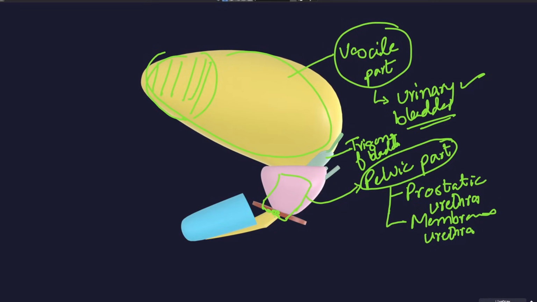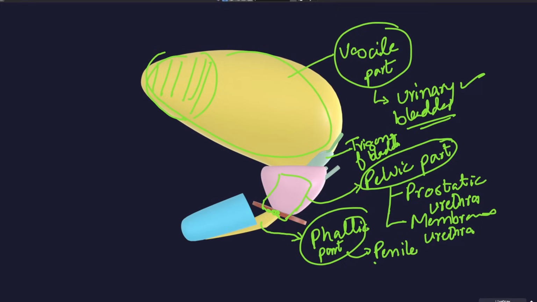And finally the third part of the urethra develops from the phallic part, and this phallic part will form which urethra? The penile urethra, which is also called the spongy urethra, because it is surrounded by spongy tissue of the penis. So this was about the male.